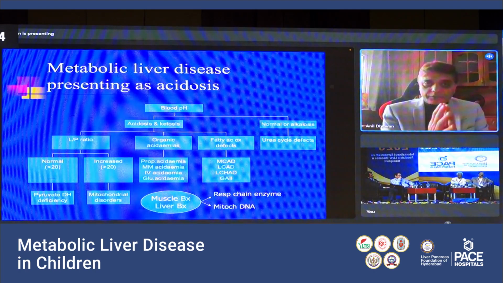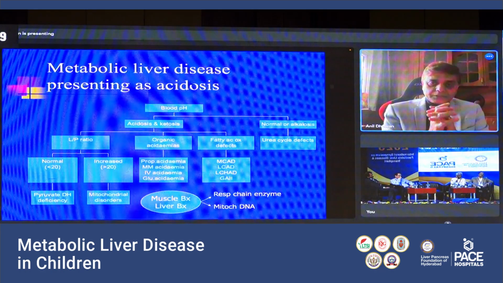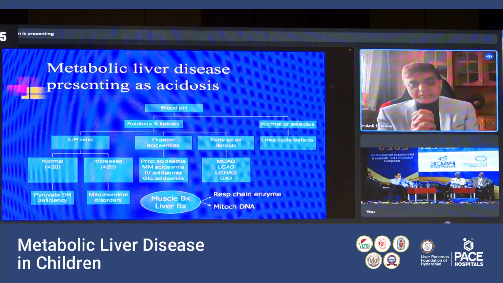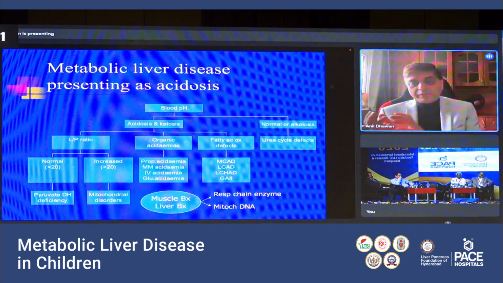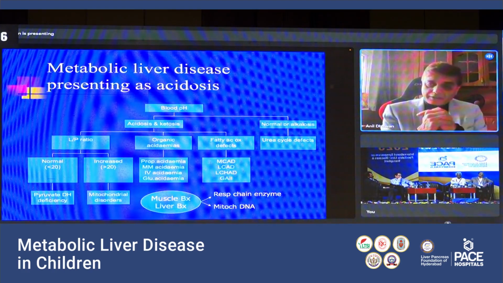Acidosis: a blood gas is an extremely important part of assessing any sick child. If you have any sick child, whether liver disease or not, a blood gas gives you a very good starting point: a blood pH, acidosis and ketosis, normal, or alkalosis. If you have a child who's sick but is alkalotic, in the field of liver disease, urea cycle defect may be the commonest diagnosis.